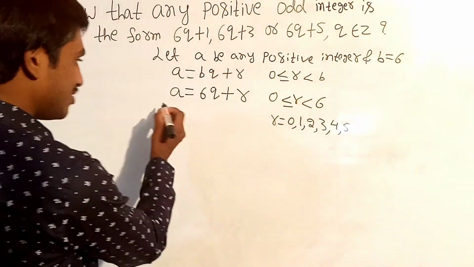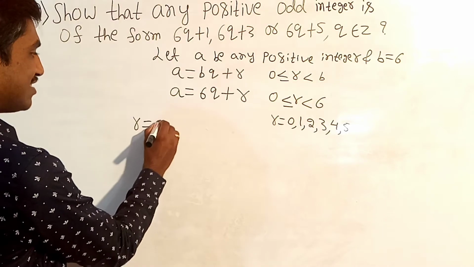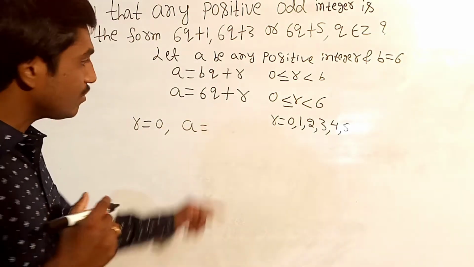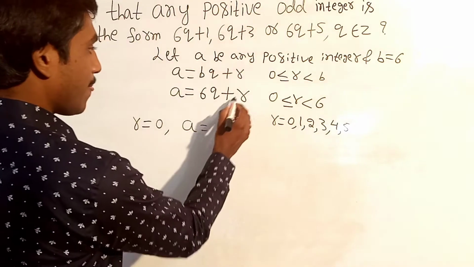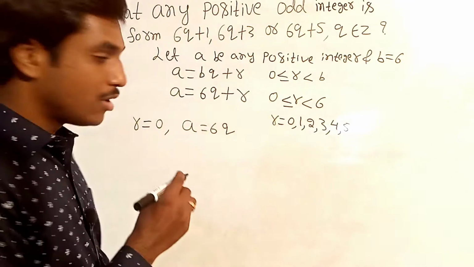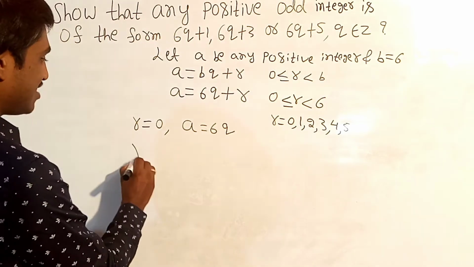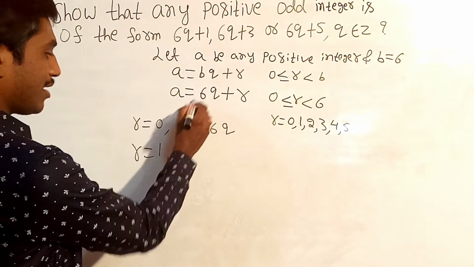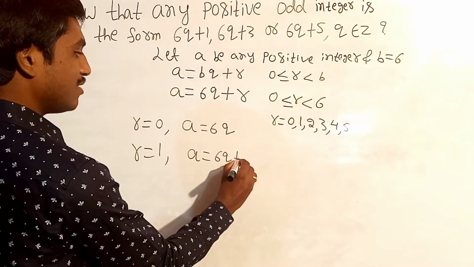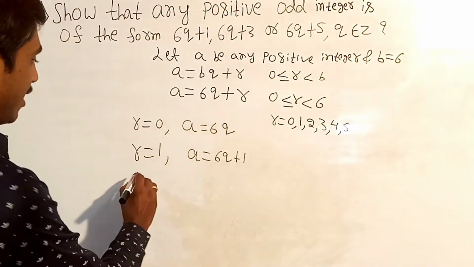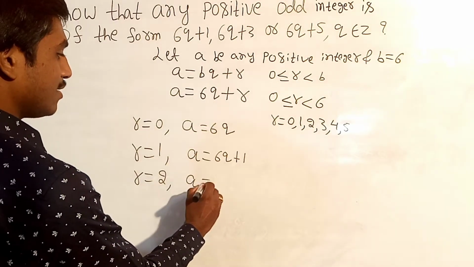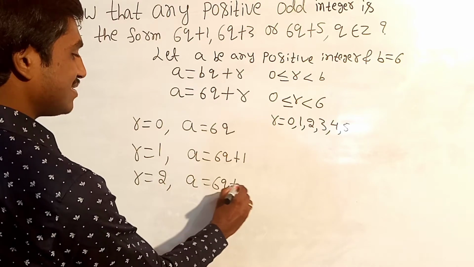If r is equal to 0, then the value of a is 6q plus 0, you will get 6q only. If r is 1, then a is equal to 6q plus 1. If r is equal to 2, then a is 6q plus 2.